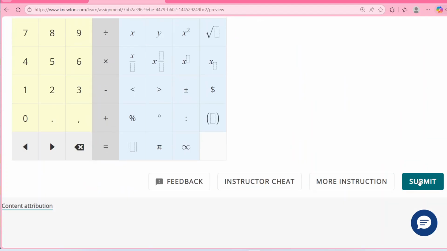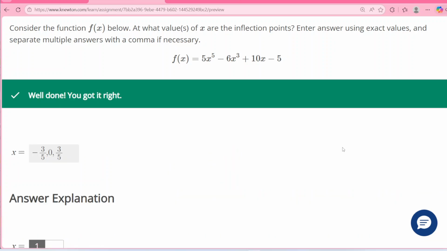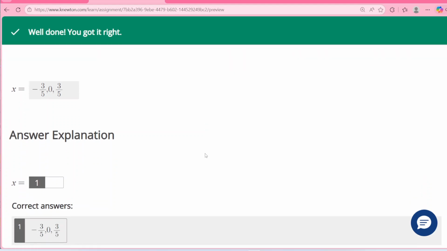All right, then when you submit, it'll tell you if you got something correct or incorrect and give you some sort of answer explanation. I would highly recommend reading through the answer explanations, whether you got it right or wrong. If you got it right, perhaps you did it in a very inefficient way.